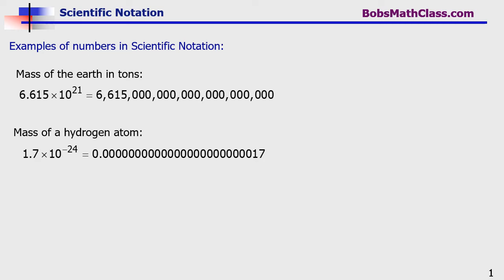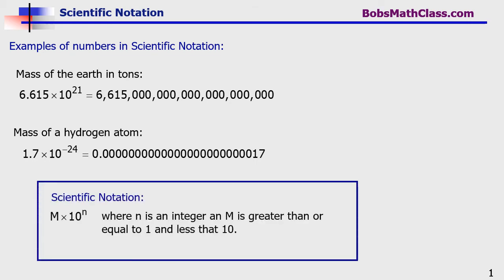All right, so how is a number written in scientific notation? Well, it's written as M, capital M, times 10 to the n, where n, small n, is an integer. That means a number like -5 or 21 or -24.